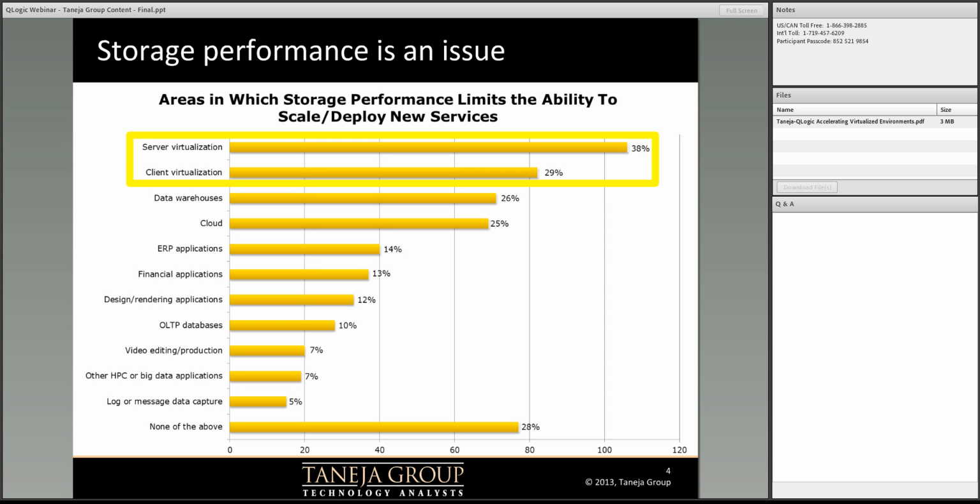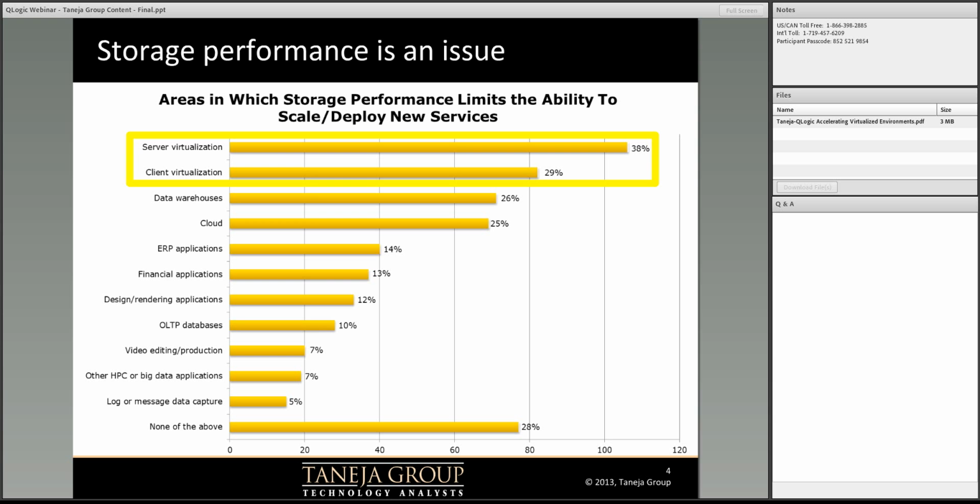Well, from a recent Taneja Group survey that touched about 279 respondents, the need for storage performance is certainly very real. This survey population crossed all size businesses and industry verticals with a preponderance of respondents in the medium to large enterprise. We saw respondents ranging from government and healthcare to service providers to Web 2.0 style respondents, but we saw an incredibly high occurrence of storage limiting the ability of these businesses to deploy key services.